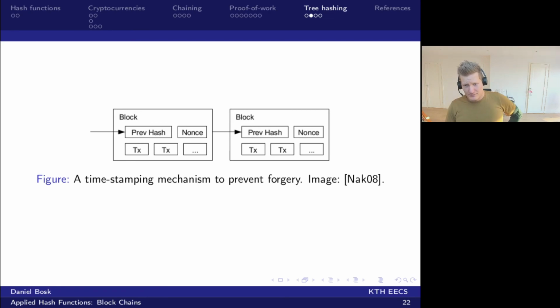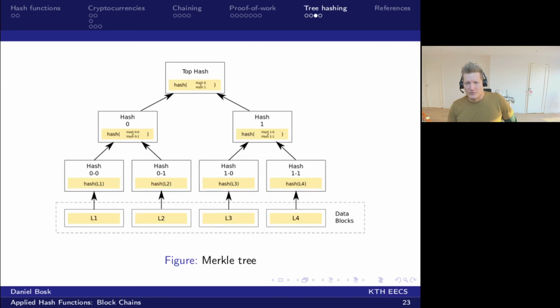We must go back and find that old transaction in some block and then check that it has not been used in any other block since then. So this is computing a lot of hashes, and we would like this to be efficient. That's why we use a so-called Merkle tree.